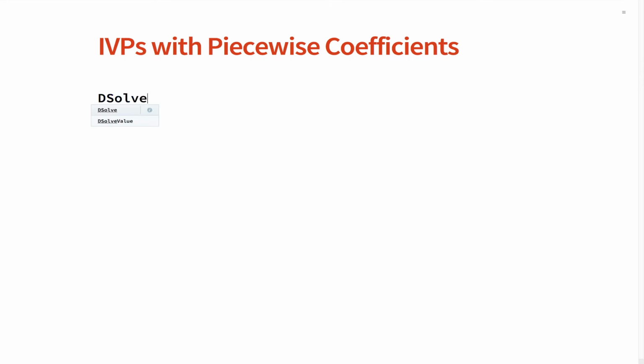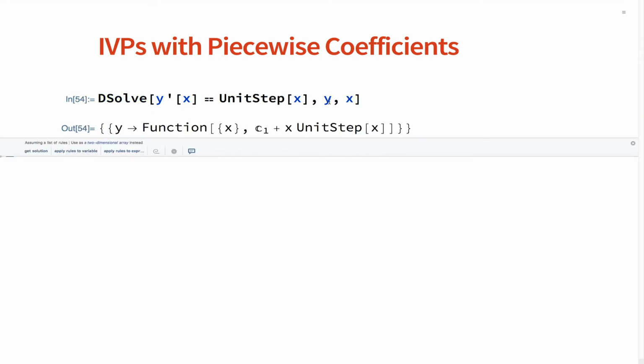So we can say DSolve y prime of x equals a unit step of x, and then we want to solve it for y and x. Because we use y, we get a pure function over here.